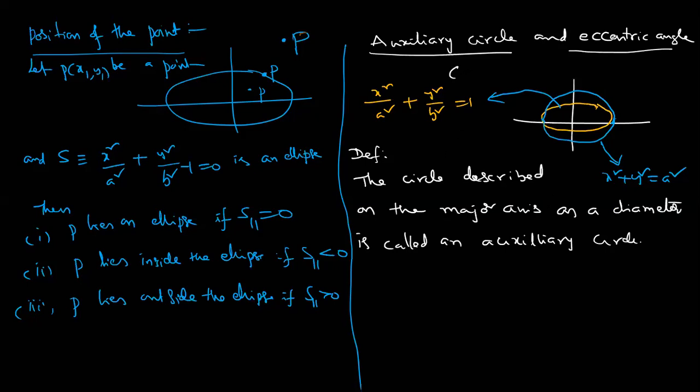So in this diagram, you should understand a should be greater than b. This eccentric angle is what? No, that is theta. That is the meaning.